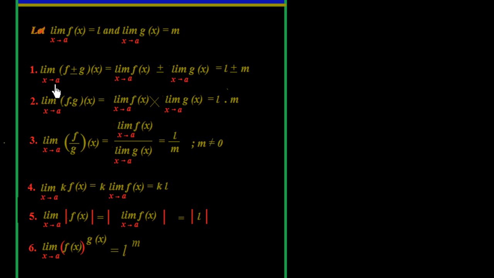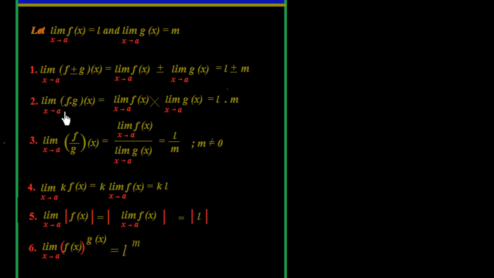So limit x tends to a for f plus or minus g of x is equal to limit x tends to a for f of x plus or minus limit x tends to a for g of x. It means the limit of the sum of two functions is equal to the sum of the limits of the two functions. The limit of the difference of two functions is also equal to the difference of their limits.